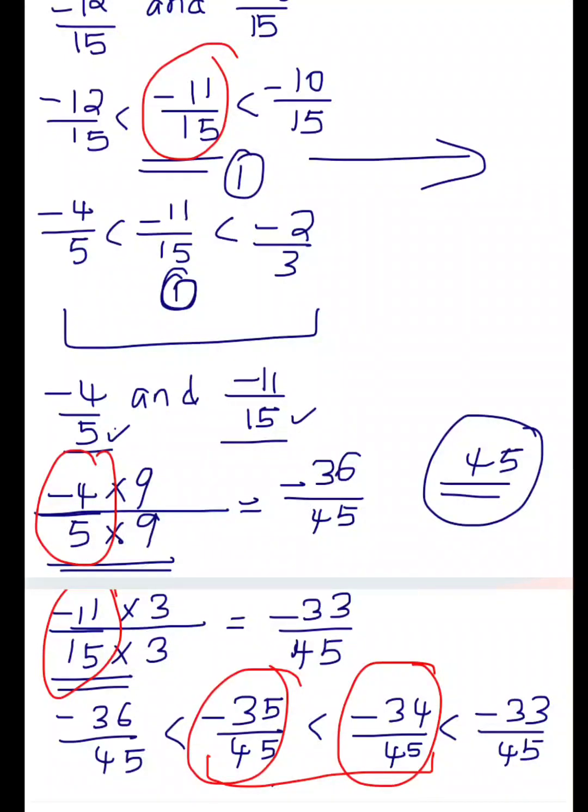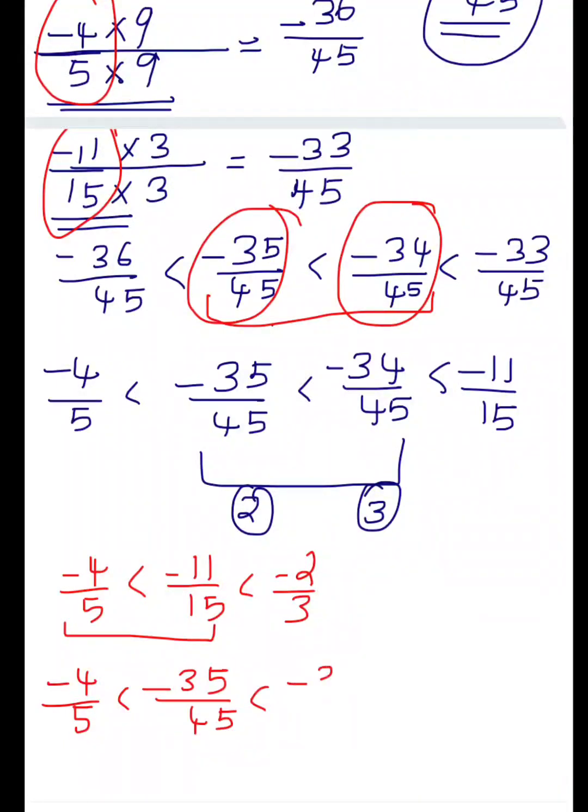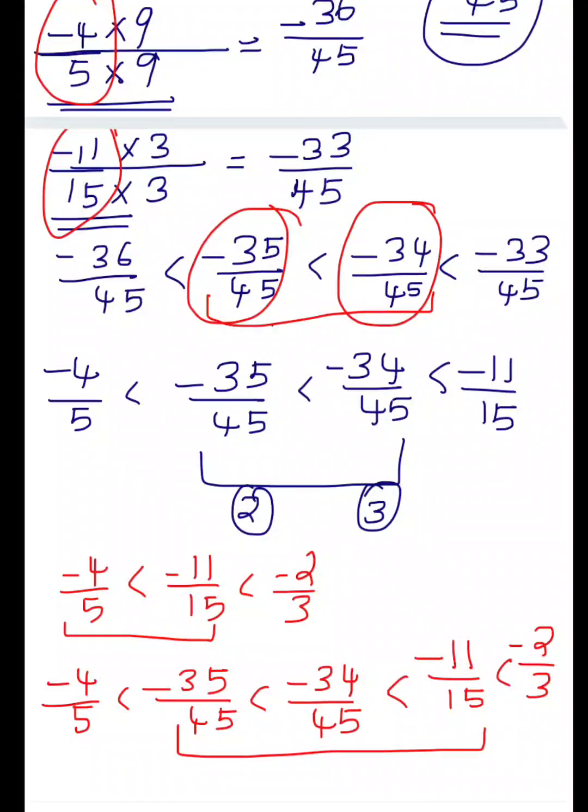That is, in between minus 4 by 5 and minus 11 by 15 you have found two rational numbers, minus 35 by 45 and minus 34 by 45. And again minus 11 by 15 is less than minus 2 by 3. So in total you have found 3 rational numbers, but you are asked to find 5 rational numbers.